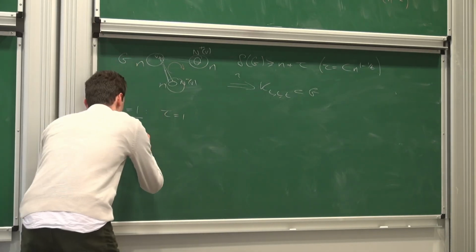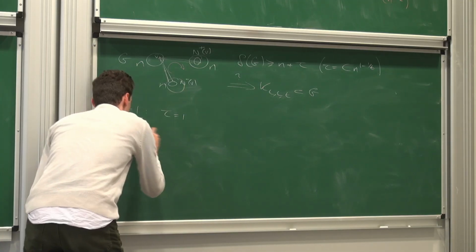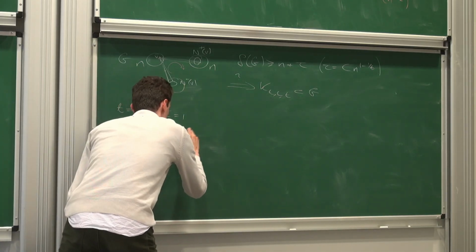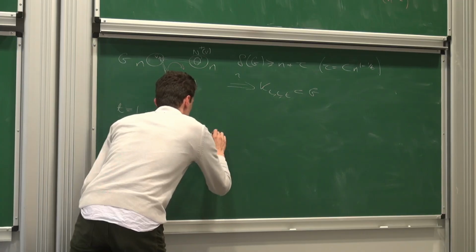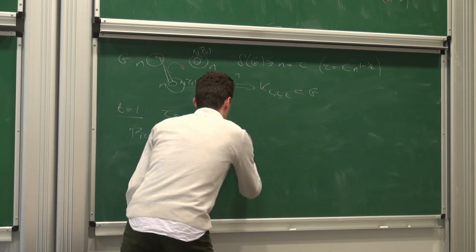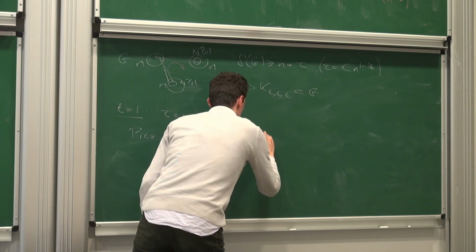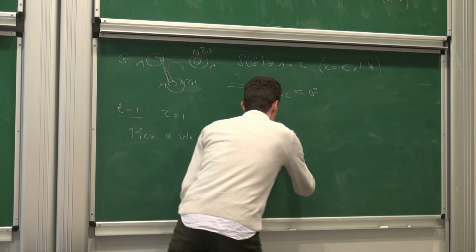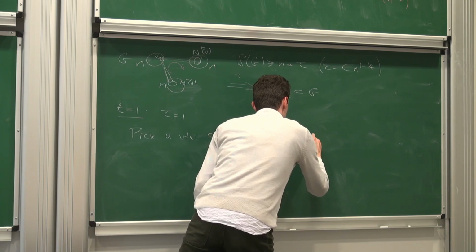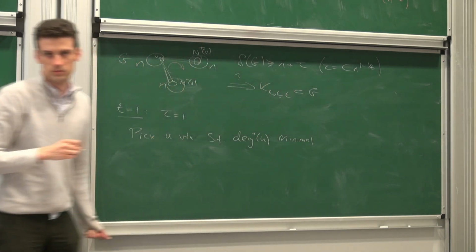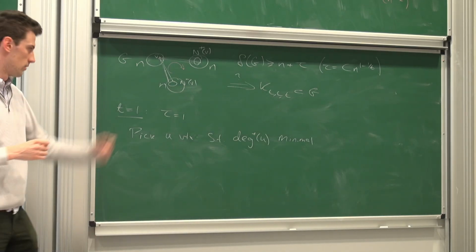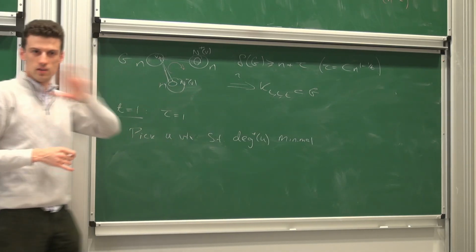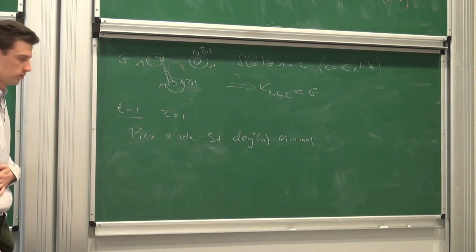So, okay, how do we prove this? Very simple. So pick a vertex U such that its forward degree is smallest. Okay, so amongst all the vertices in the graph, I'll pick one where the forward degree is the smallest possible.